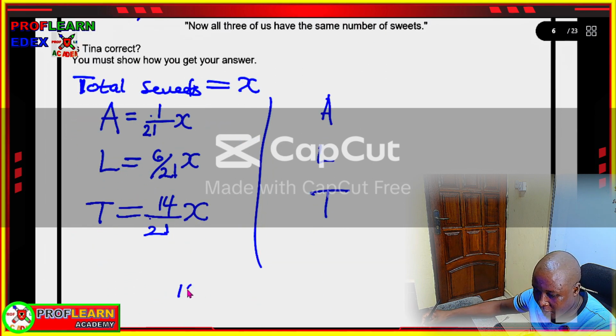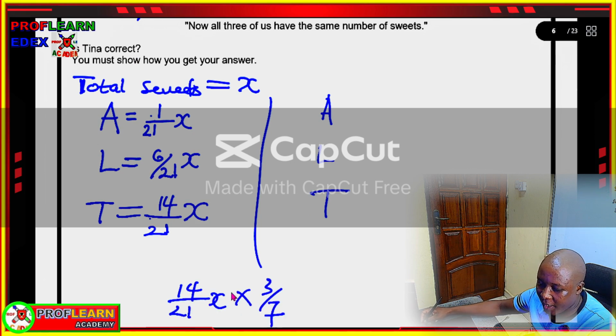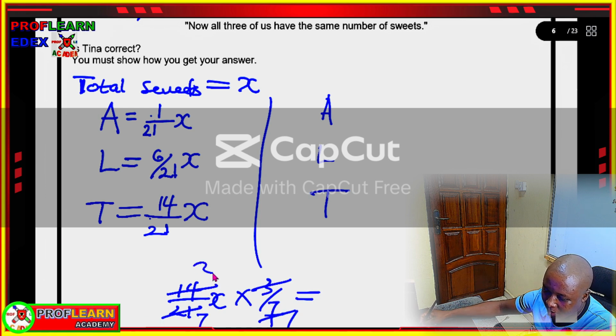Tina has 14/21 x. 3/7 of that is going to be equal to what? The 7 goes into 21 three times, and the 14 goes into 7 two times. So the sweets that are going to be transferred will be 2/7 x.